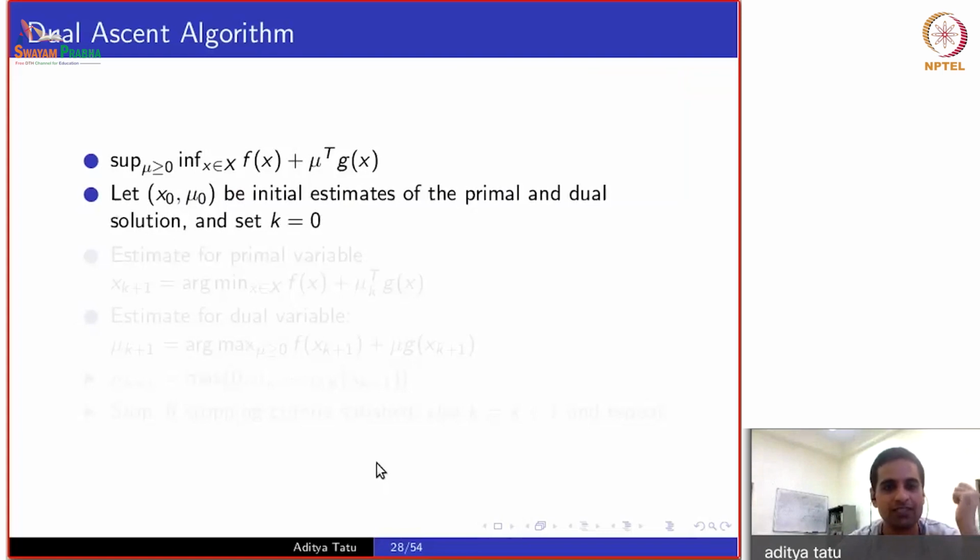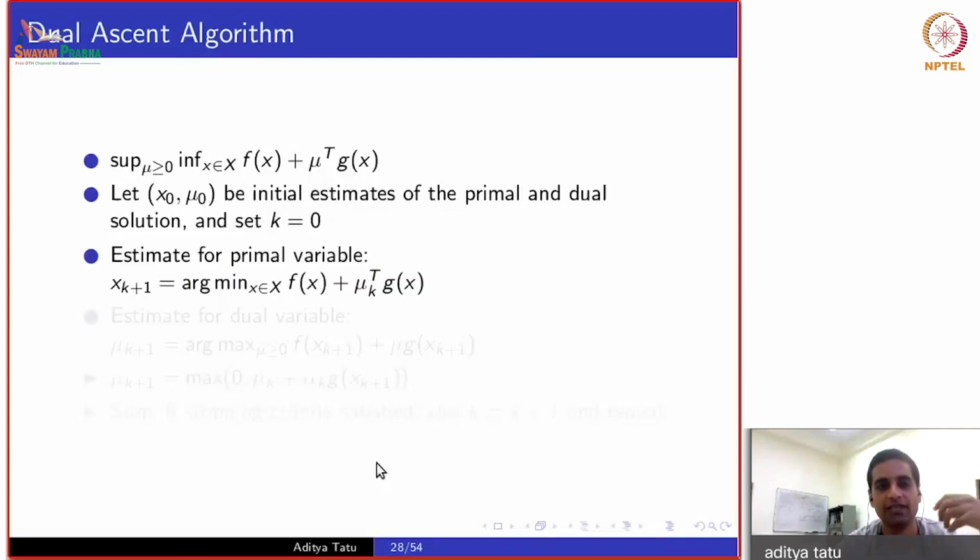So usually what one can do is start with an initial estimate for both the primal variable x and the dual variable mu. Then you can iterate over both these optimization problems. First you solve the minimization problem for a particular value of mu, which is k.